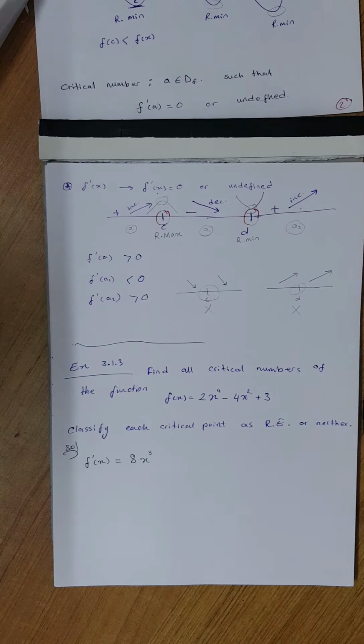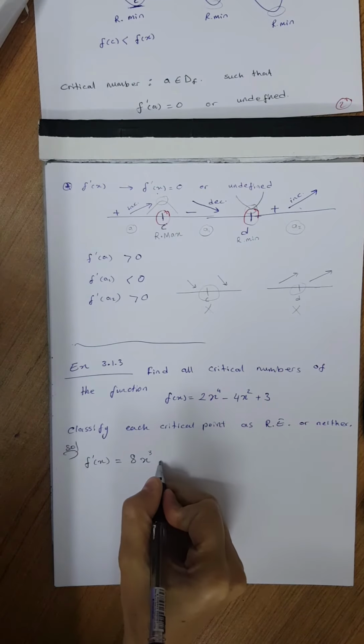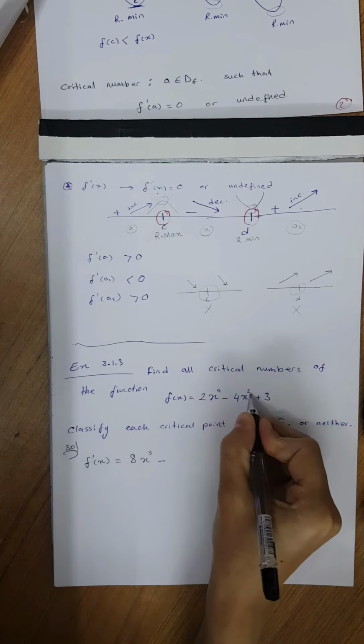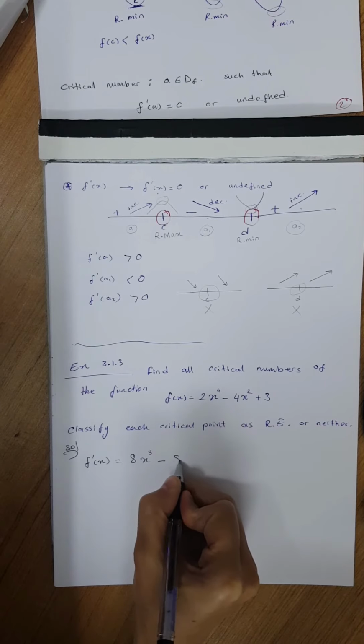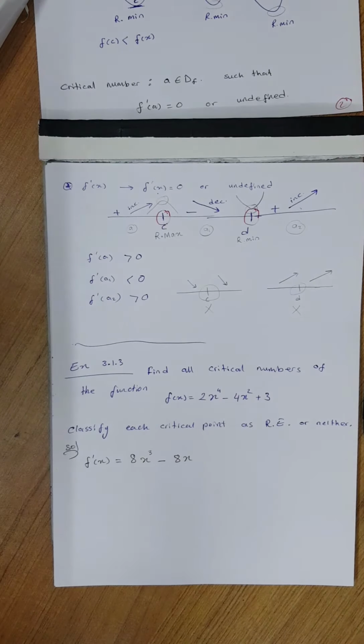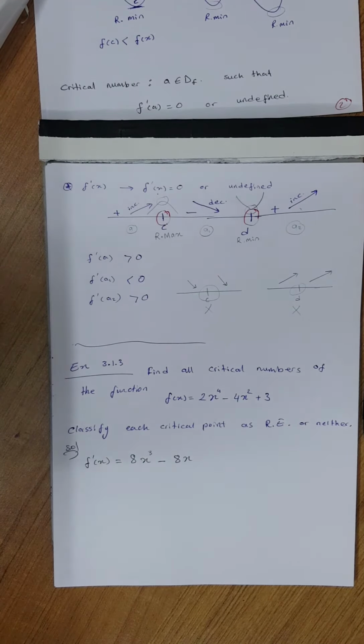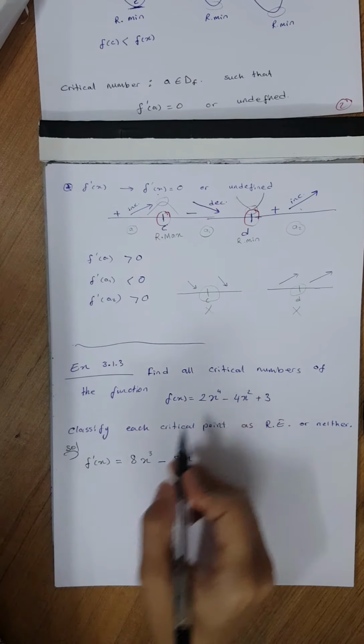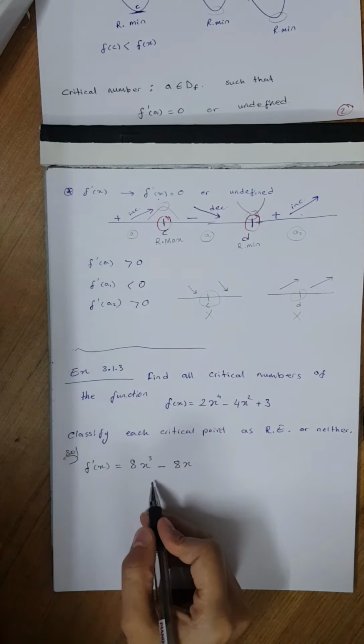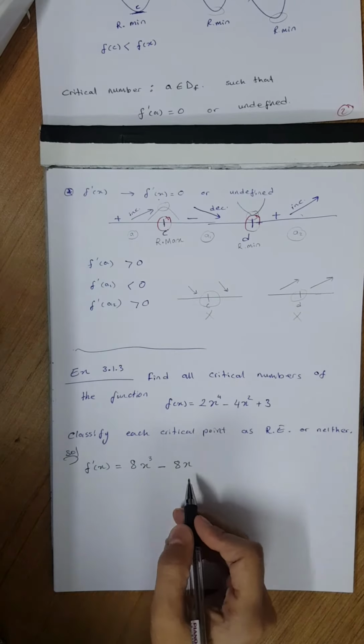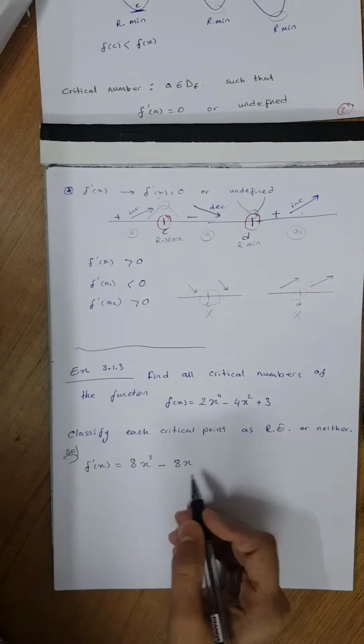And then finding the derivative of this one, that will be minus, because of that minus, 2 will come down to 4, it will be 8x, and the derivative of 3 is 0. So the derivative of this function f of x is equal to 8x to the power of 3 minus 8x.